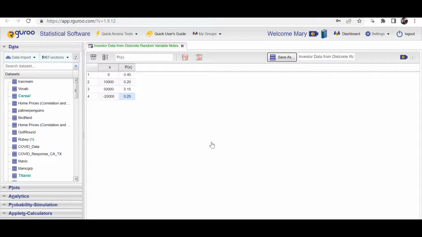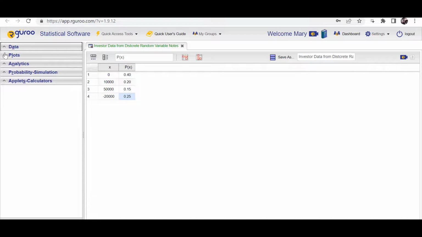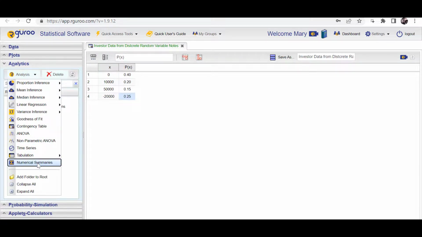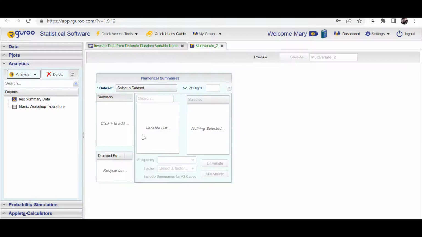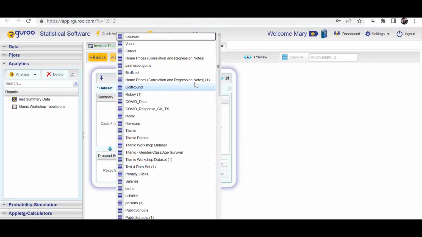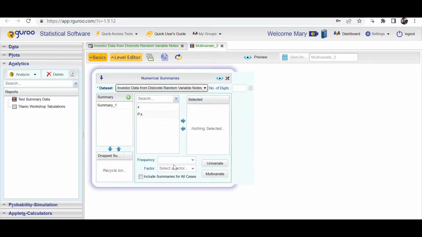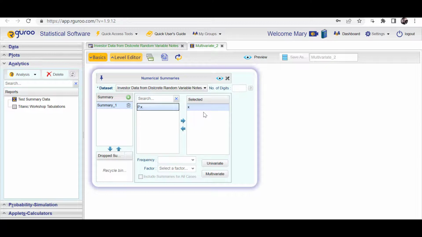Okay, so now that I have it in there, I'm going to go to Analytics, and in the Analysis dropdown, I'm going to do Numerical Summaries. And then for Data Set, I'm going to scroll all the way down to my investor data from Discrete Random Variable Notes. And then remember, for selected, you need to click X or variable 1 and move it over into selected. And then for frequency, you're going to choose P of X or variable 2.